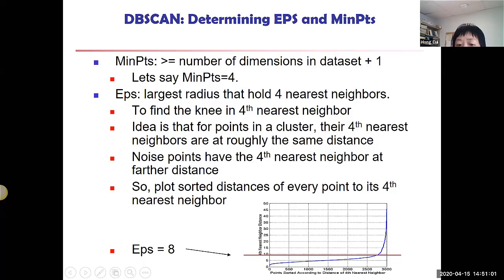We sort them by the distance of each point to its fourth nearest neighbor. This is going to give us a curve like this. And we will pick this knee or bending point. That's the place where we can separate clusters from outliers. So in this case, we can set epsilon to be 8, maybe. So this is the way to set epsilon.